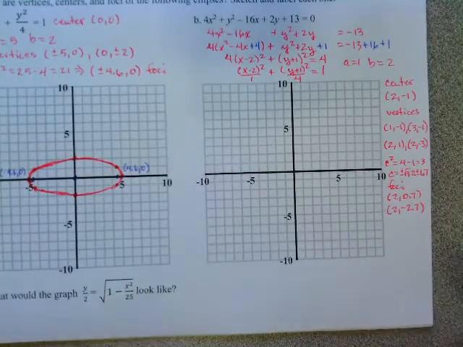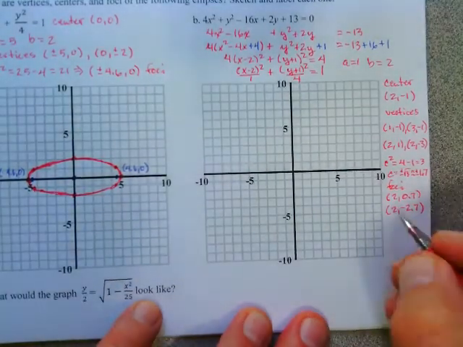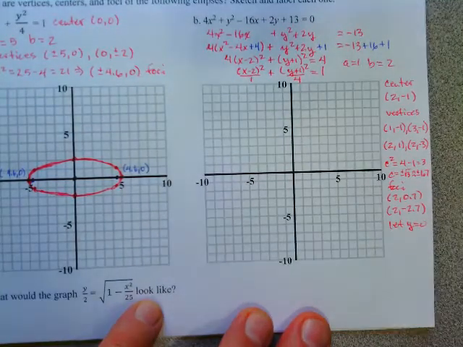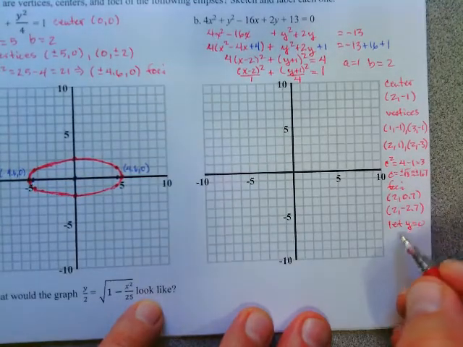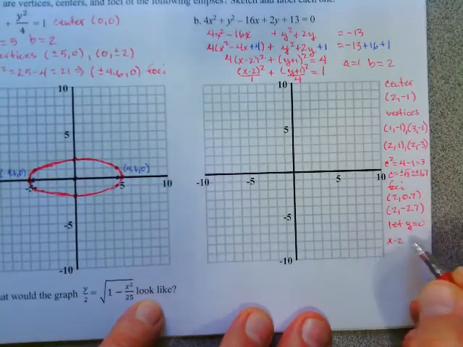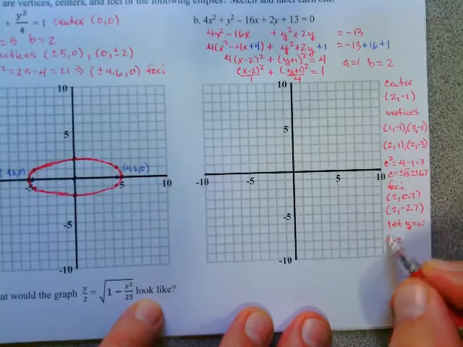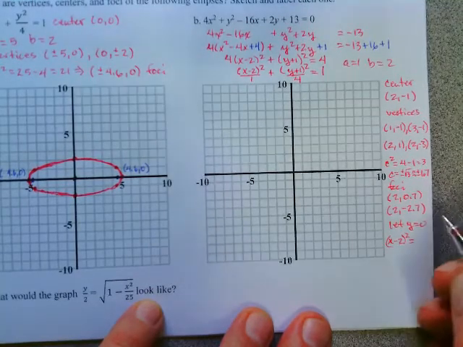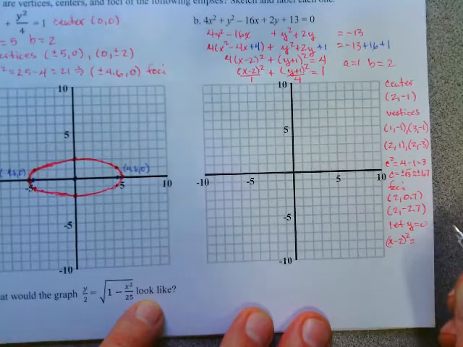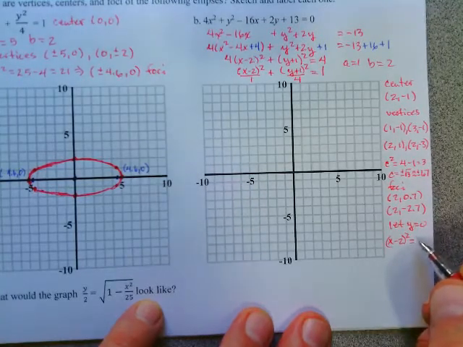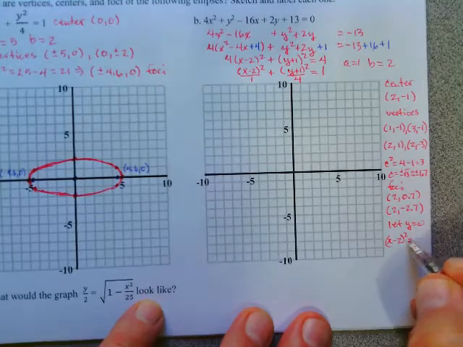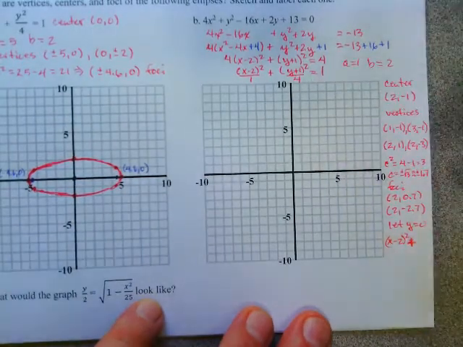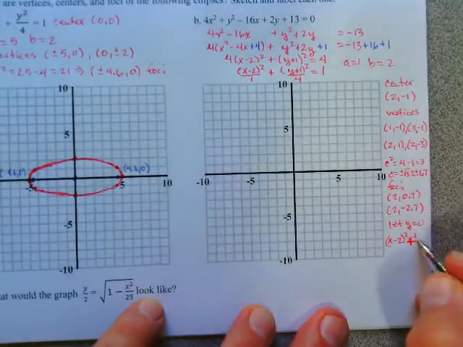All right, we need 4 more points around the ellipse. So in this case, I'm going to go ahead and let y equal 0. That makes the problem simpler. I then end up with (x minus 2) squared plus, since y is 0, 0 plus 1, 1 squared, so it's going to be plus a fourth equals 1.